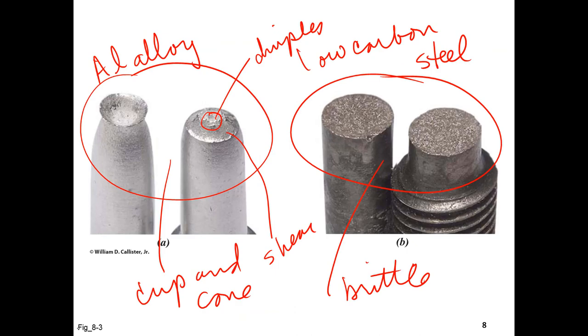And quiz question 1, the type of fracture surface that's typical of a ductile tensile test sample, and that is the cup and cone fractured surface. So that's the answer to quiz question number 1.